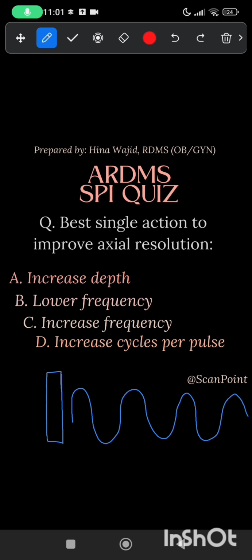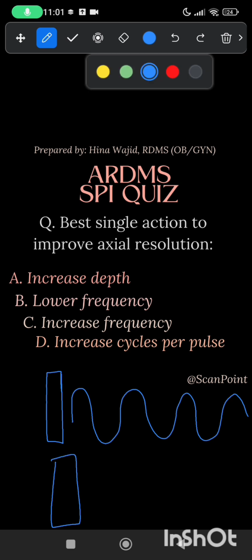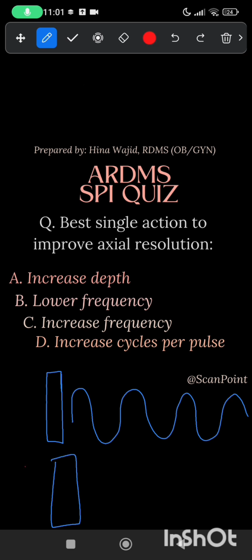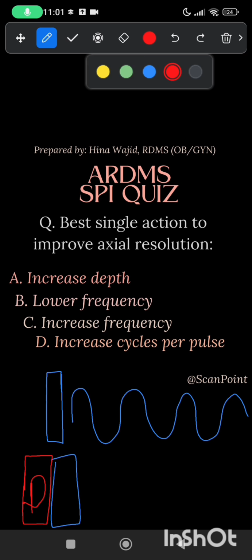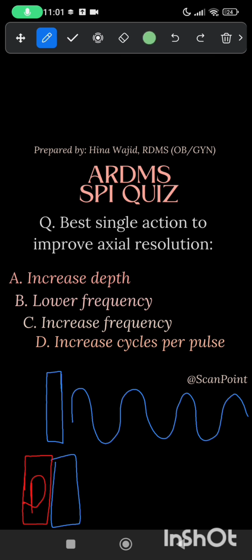And if there is damping material behind the transducer, it tells the transducer to stop, like a DJ who tells the singer to stop. So it makes the pulse very short. How? It lowers the number of cycles.